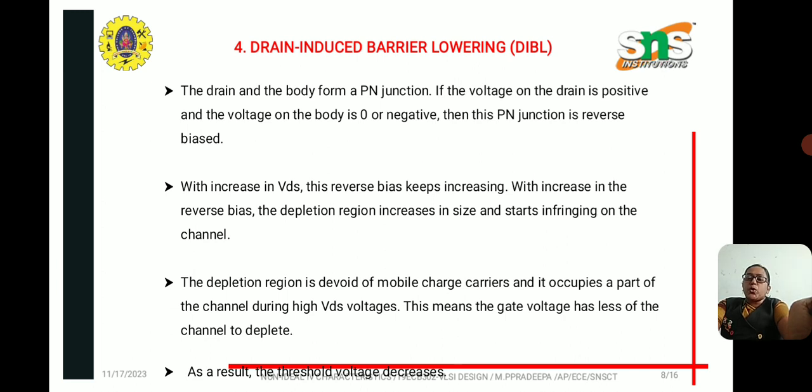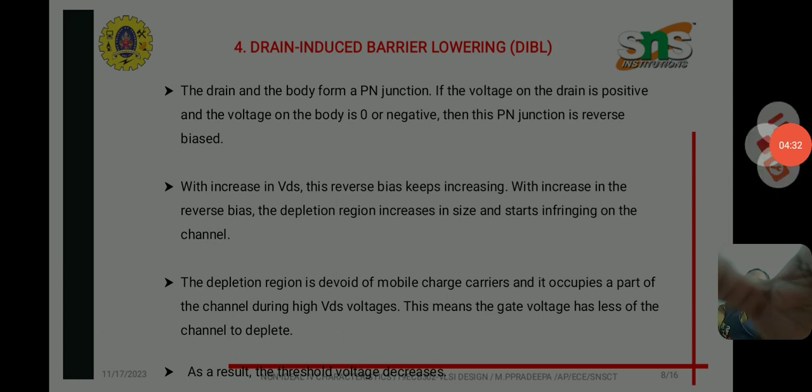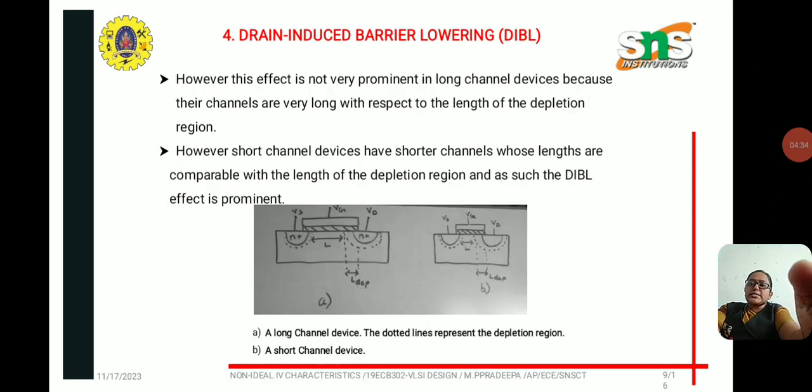Both depletion regions that form around the source and the drain will meet at a particular point. That particular point is called drain induced barrier lowering. This is the diagram. Here I have shown the depletion layer formed with the dotted lines around the source and the drain region of the given MOSFET transistor.